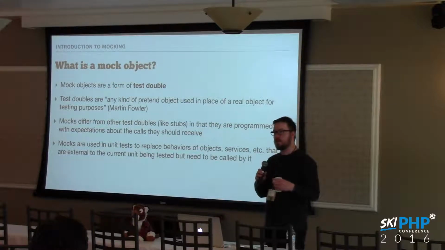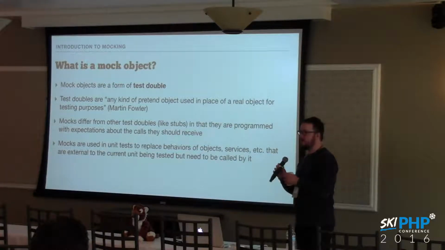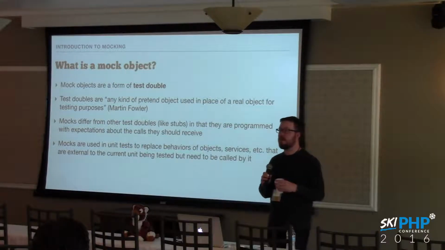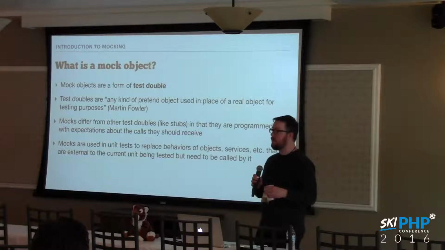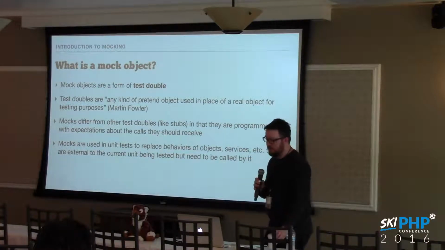That's an individual unit. And you really only want to test its code and not the side effects and behaviors that might generate as a result of running that code. So a mock object is a way of injecting a test double into that unit so that when it calls that test double, it just does what the test double expects it to do, and you don't call some external service, for example.